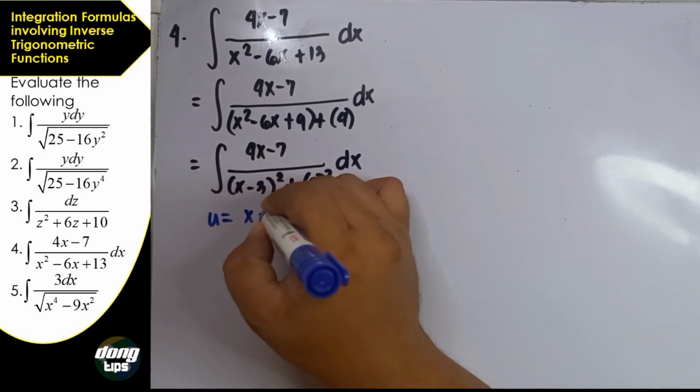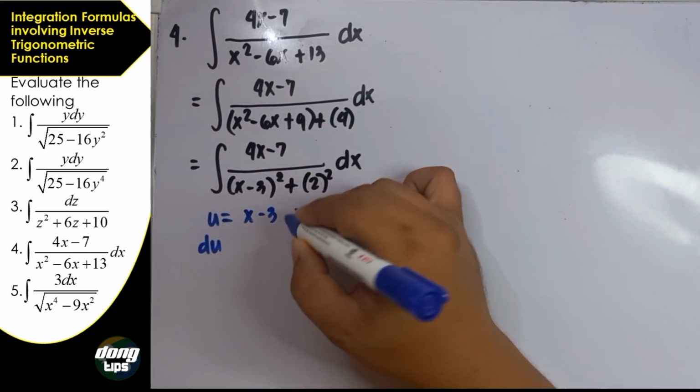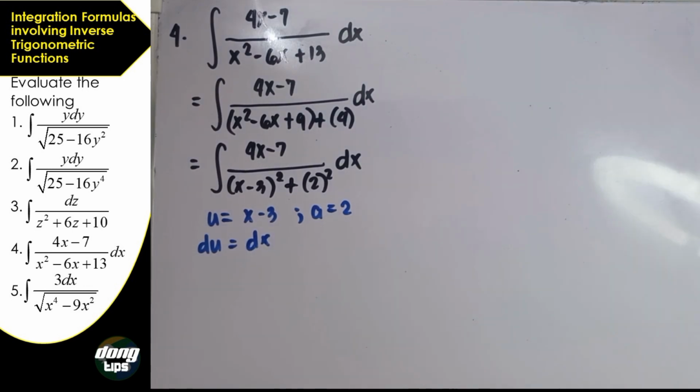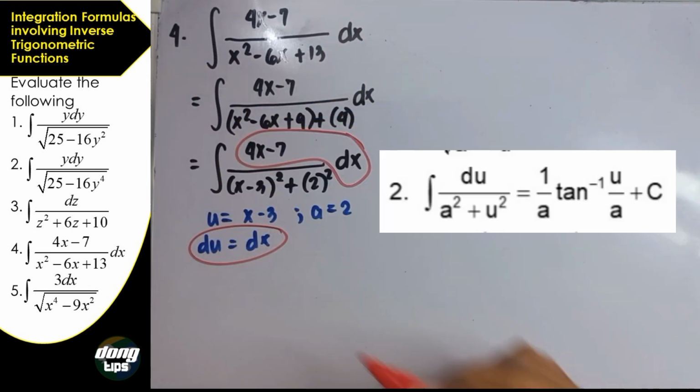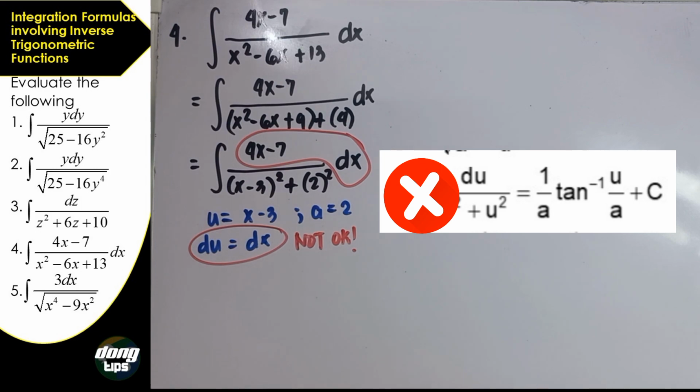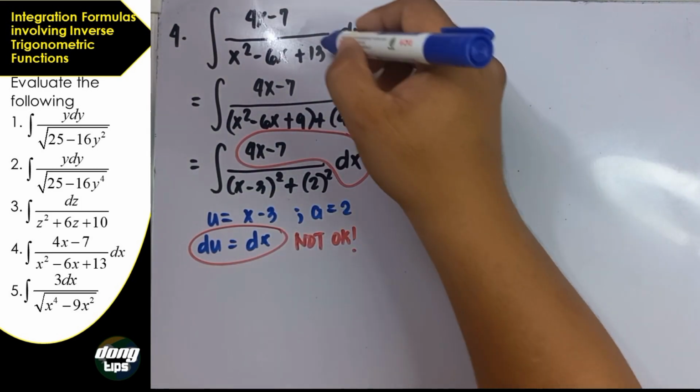We have x minus 3 as u, and 2 as a, the du is dx. By comparing the derivative, we can easily see that this formula is not applicable because of the 4x minus 7.